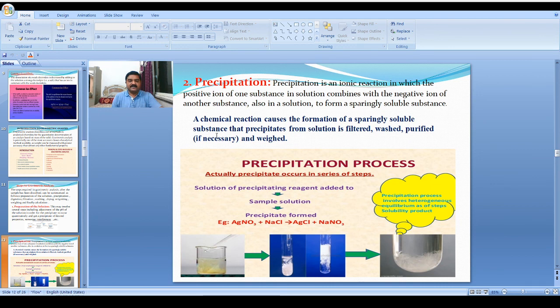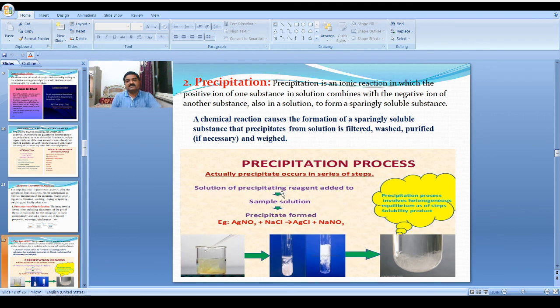Here is the definition: a chemical reaction causes the formation of a sparingly soluble substance that precipitates from solution, is filtered, washed, purified, and weighed. Again, it can be shown in the figure how this precipitation process takes place.